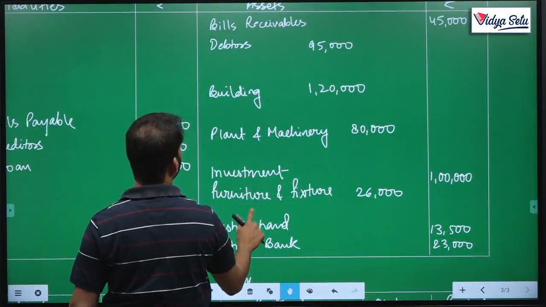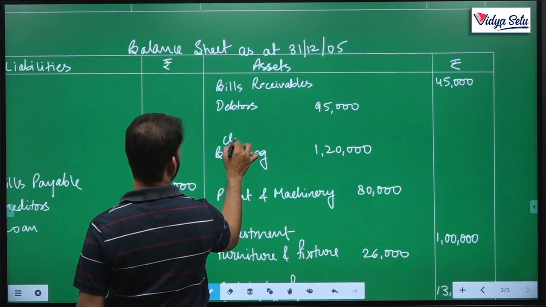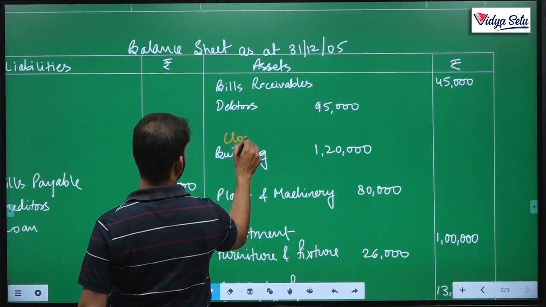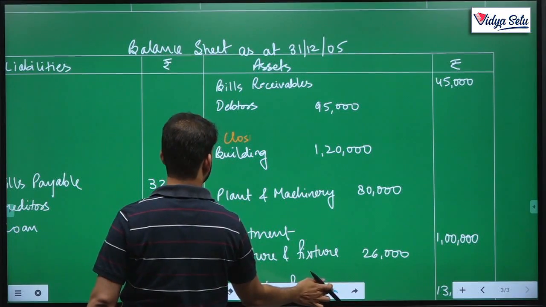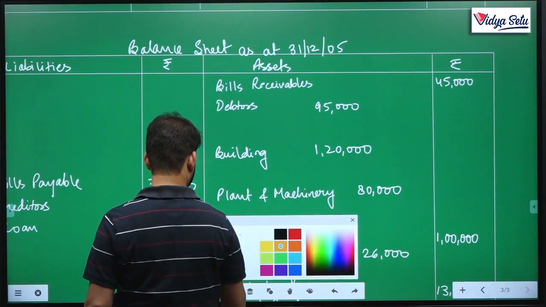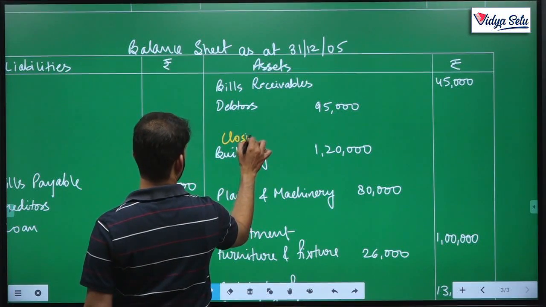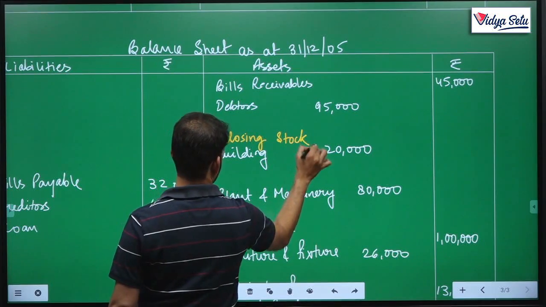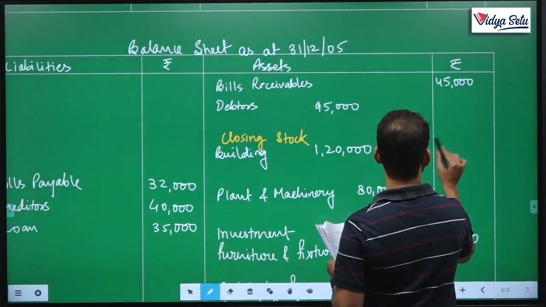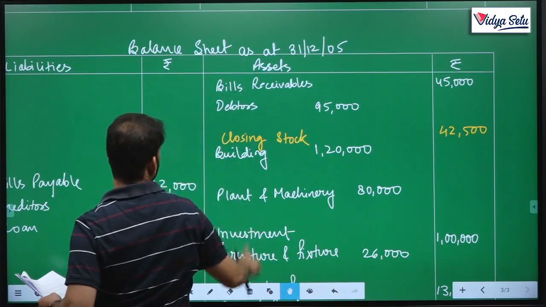What we need to do now is the adjustments only. So, closing stock is given. One effect of closing stock will be on our asset side. So, I am just writing here: closing stock amounts to 42,500.